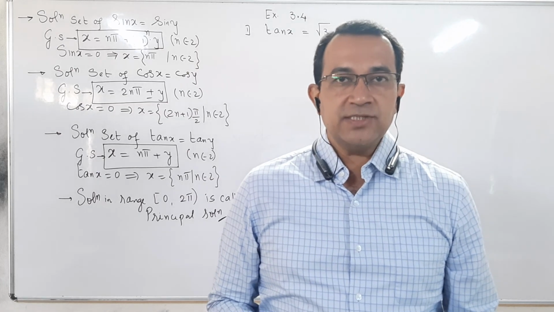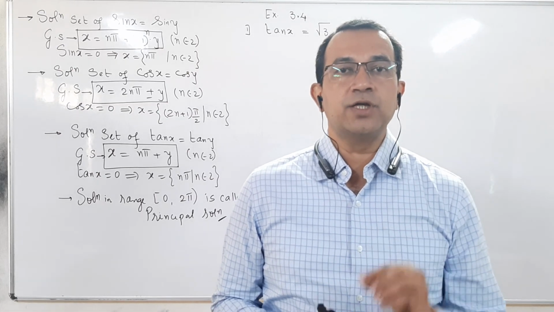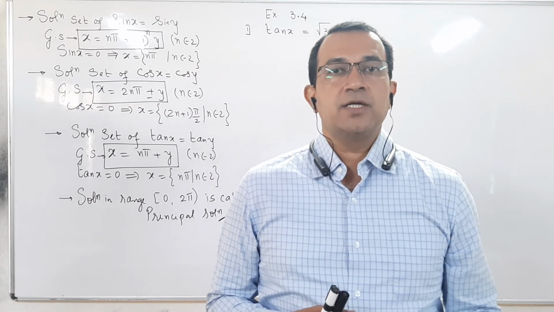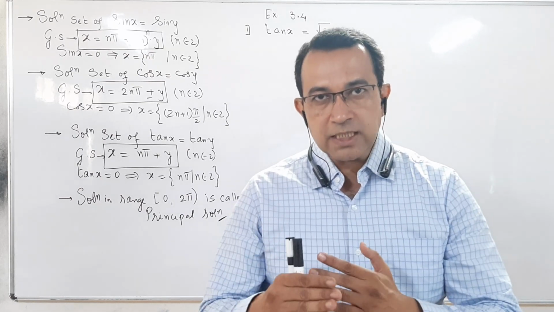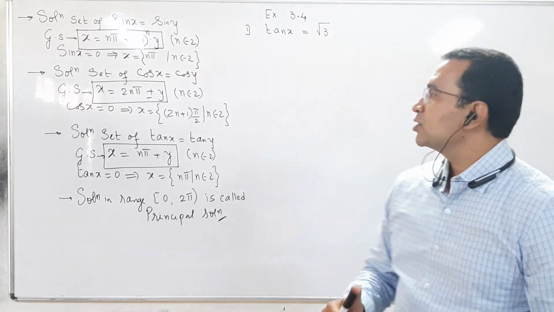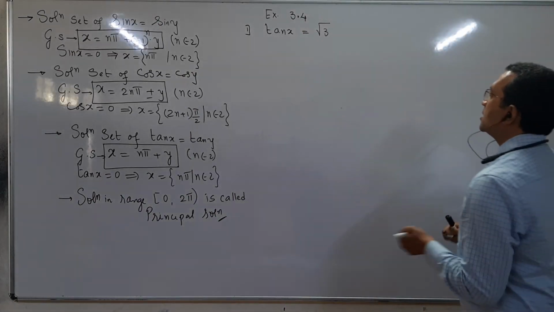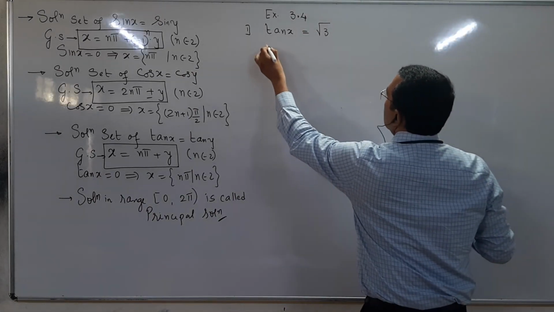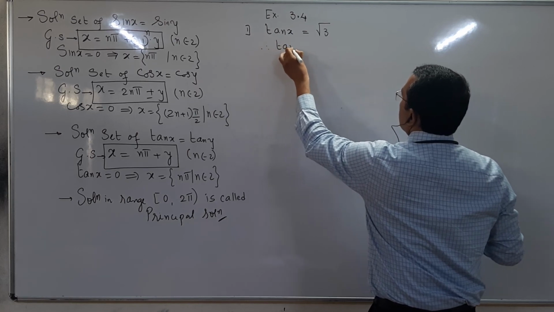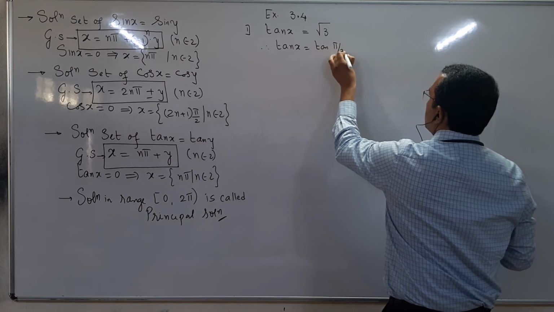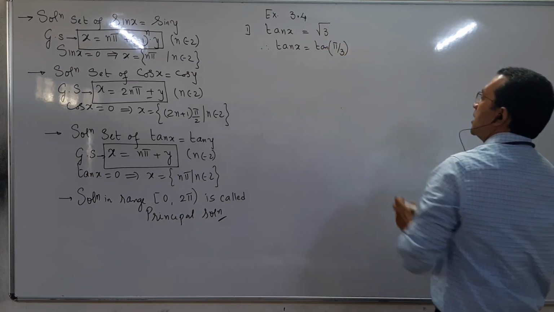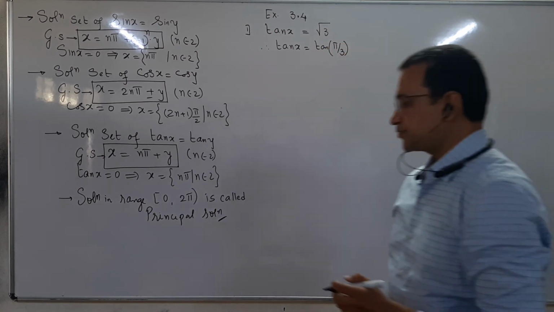So in any sum of trigonometric equations, the first step is to convert the equation into the standard form. My right hand side is a number, and that number I have to convert in terms of tan. In tan, root 3 we get at tan 60, and 60 degrees is nothing but pi by 3 radians.